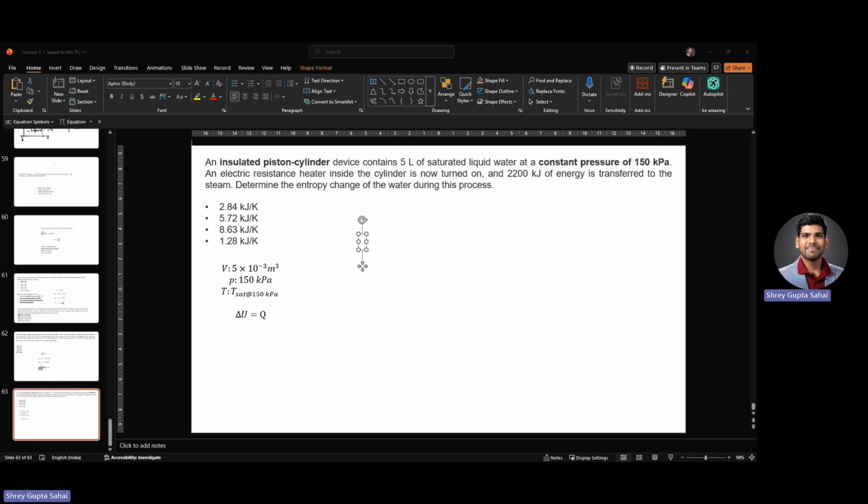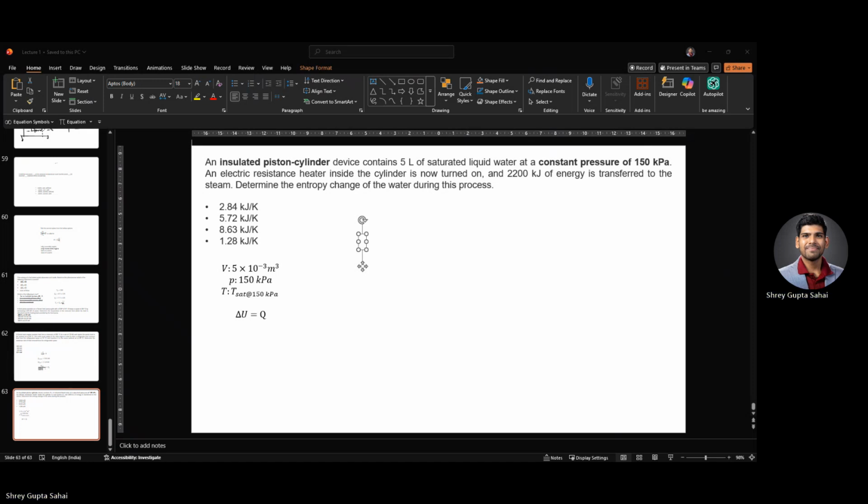First, let's calculate the mass of liquid water in this piston cylinder system, which is not changing across the process. It's a control mass system. The piston is not changing, and this mass is not varying.